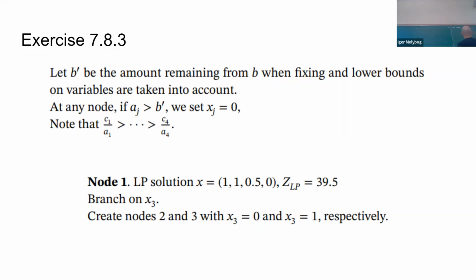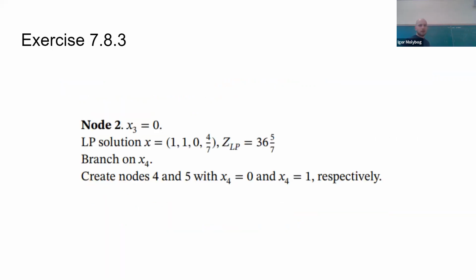Then we branch into 2 branches. One of them is node 2, the other is node 3. And the branches correspond to x3 being equal to 0 and x3 being equal to 1.